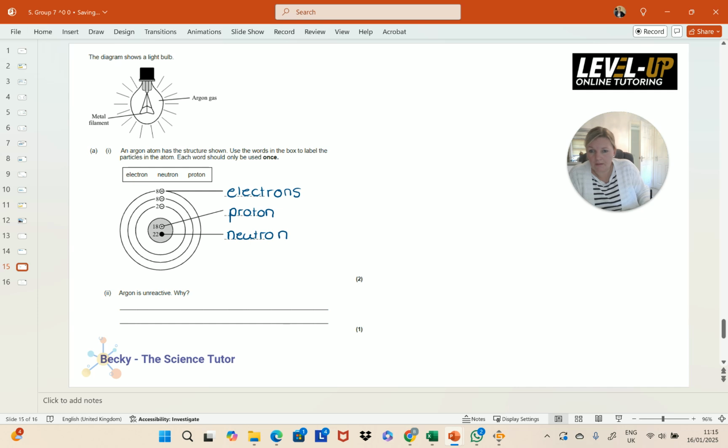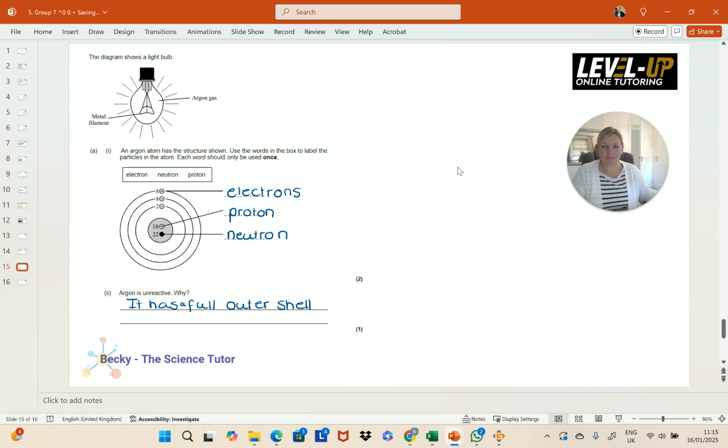So argon is unreactive. Why? It has a full outer shell. Doesn't need to gain any, it's quite happy and stable on its own.